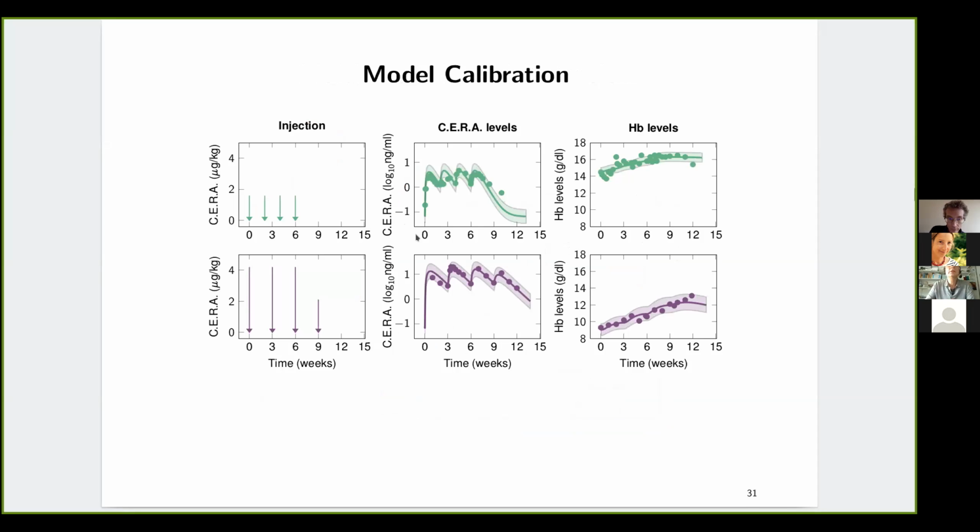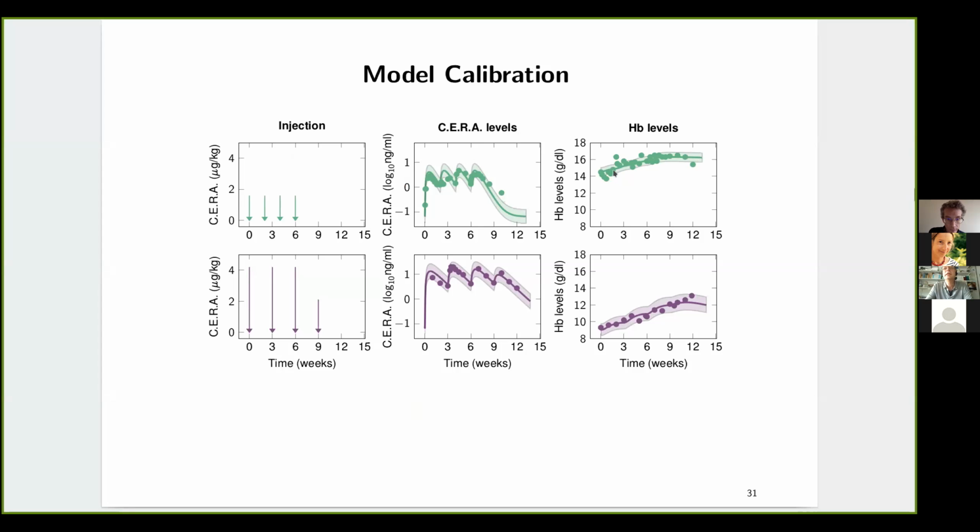So here are two data from these clinical studies. This is a healthy subject, healthy control, and this is a patient. Every 2 weeks, there was an injection with this C.E.R.A substance, and then C.E.R.A levels in the blood were measured, and HB levels were measured.